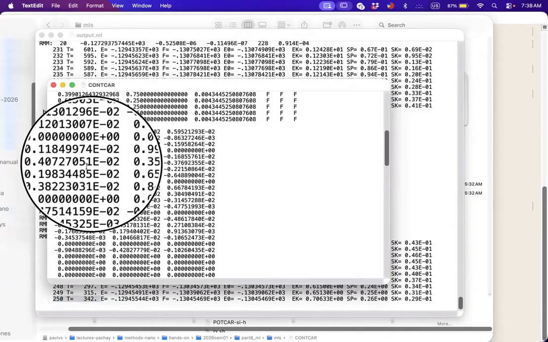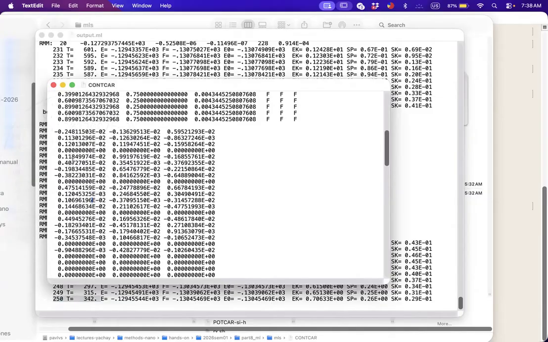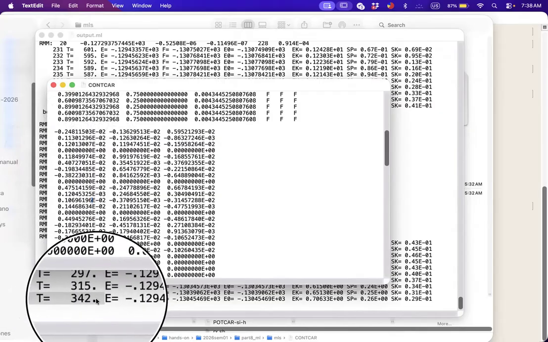That's the reason: when we do a simulated annealing, you have to provide some temperature for the structure. We're going to see in a moment that we're not going to measure the initial temperature, because the initial temperature depends on each case. In my case it's 342 Kelvin here.